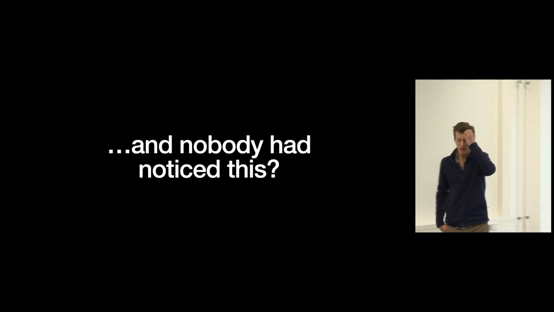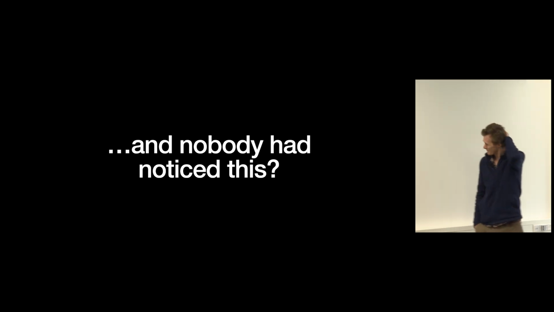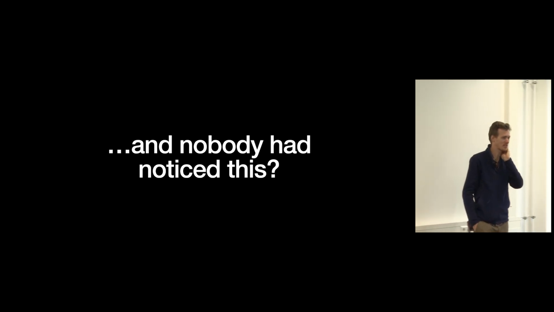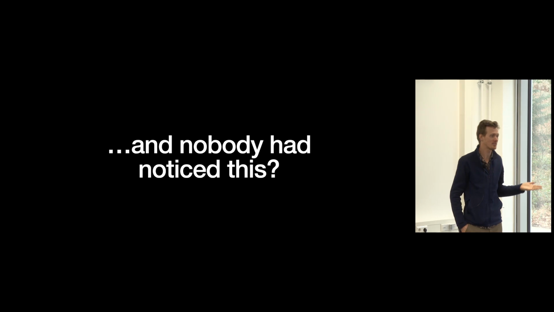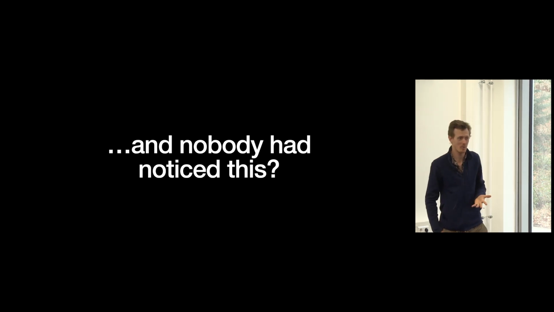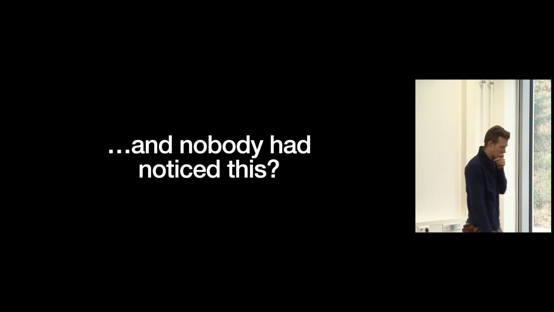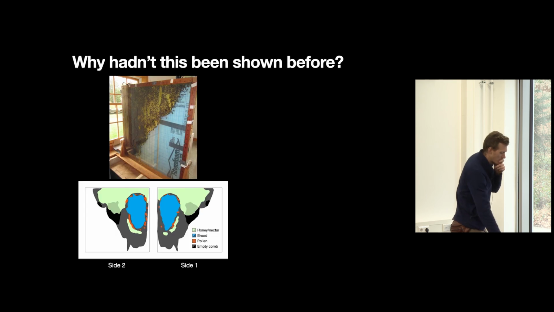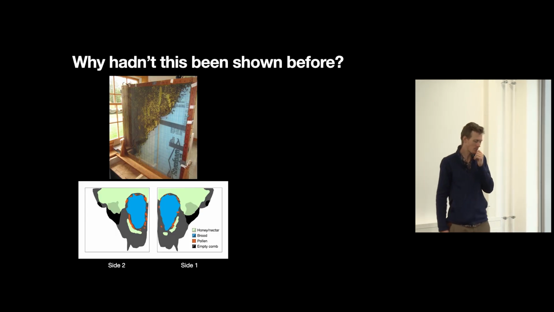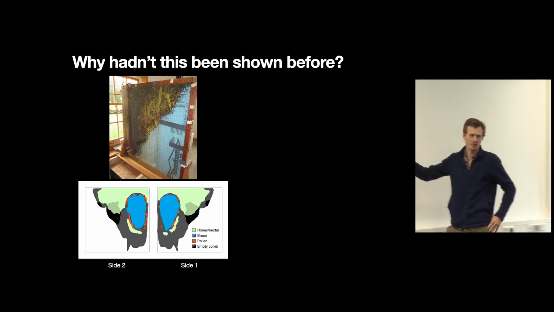At this point, you, and definitely me, were thinking: nobody had noticed this? This is kind of weird. You would think honeybees, an organism that people have been working with for quite a long time, with a lot of very interesting, capable researchers working on this. I think it comes down to a couple of things. First was that you needed someone dumb enough to do this project in the first place.